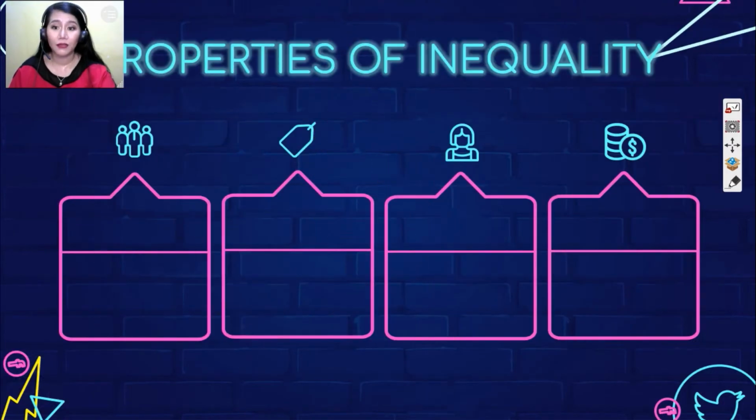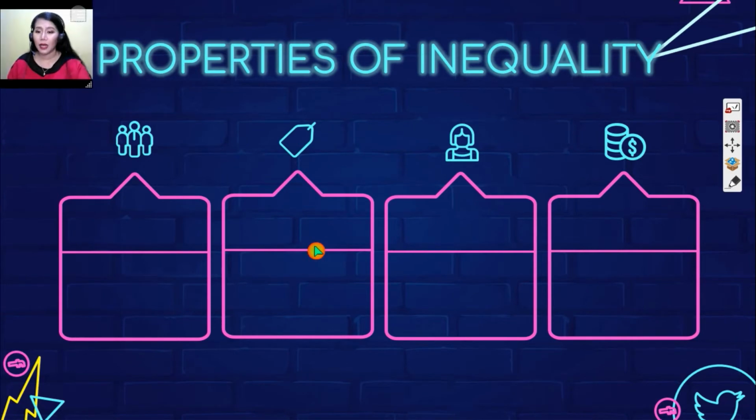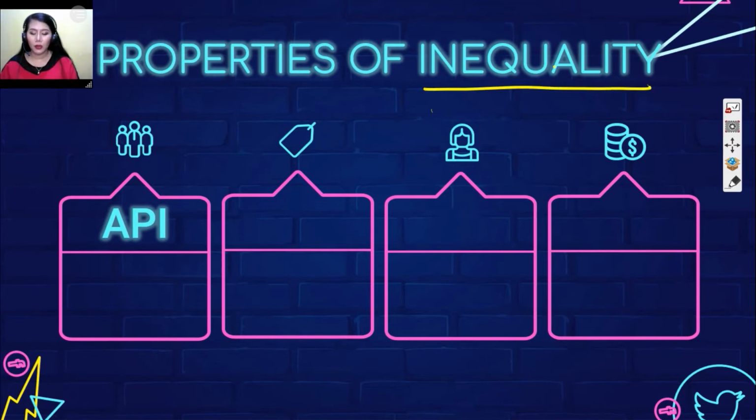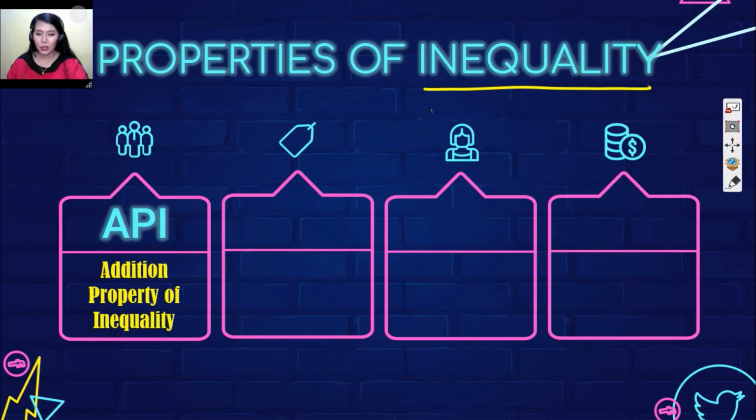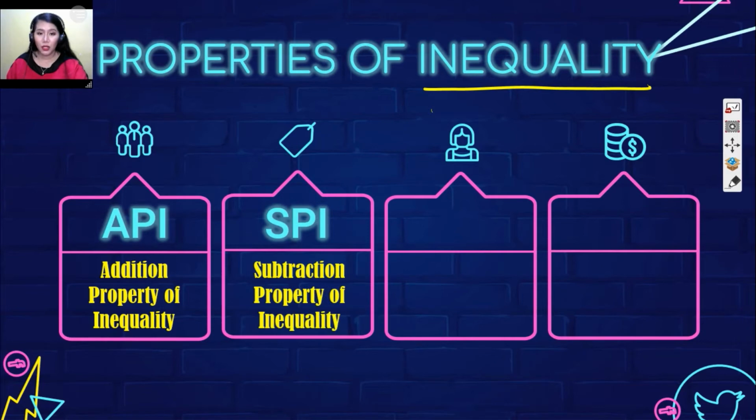In applying the different properties of inequality, okay, the first one is that we have the API. So, di ba dun sa equation, we have APE. So, dito naman, dahil inequality yung pinag-uusapan natin, we are going to have API. And API is for addition property of inequality. We are going to have SPI or subtraction property of inequality.